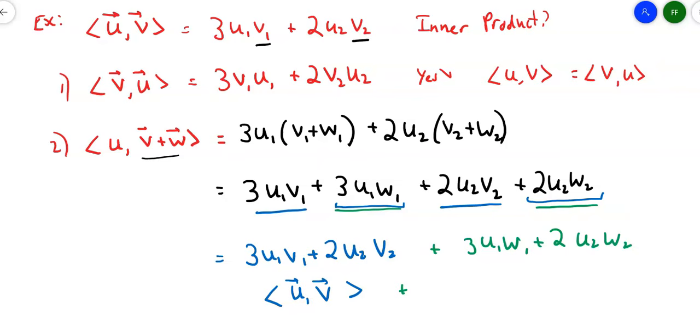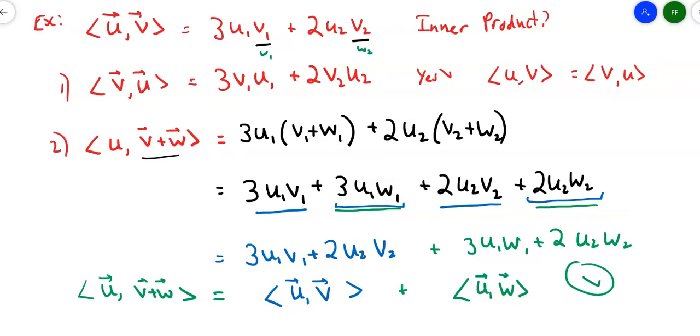Isn't that u1 w1, u2 w2? That's just the inner product of u and w. Well, I was trying to show that the inner product of u and v plus w is equal to the inner product of u and v plus the inner product of u and w. Done. Works for that second one also.